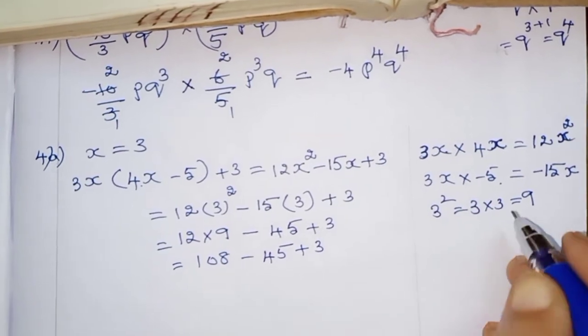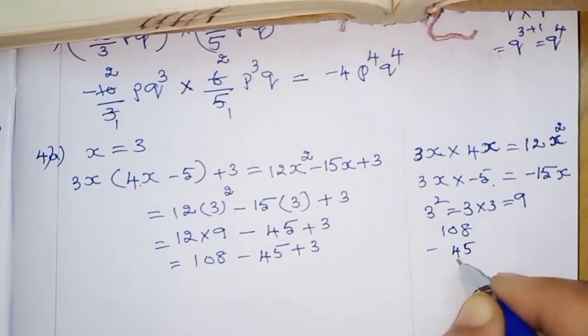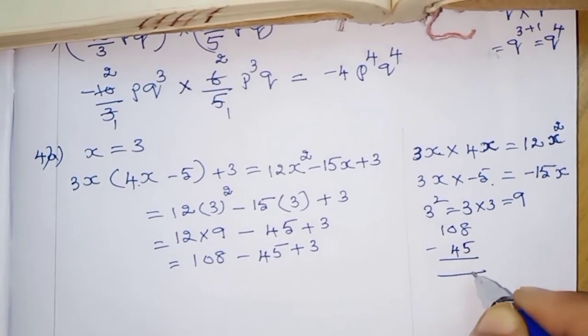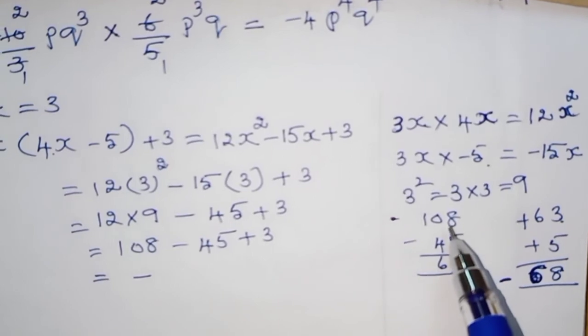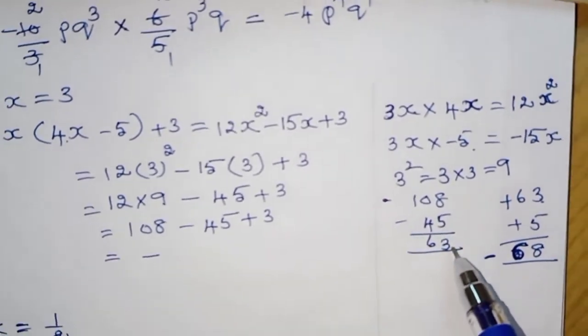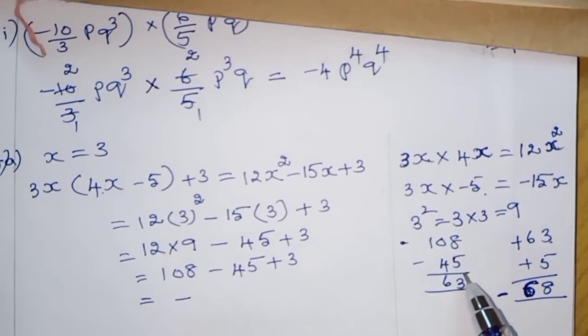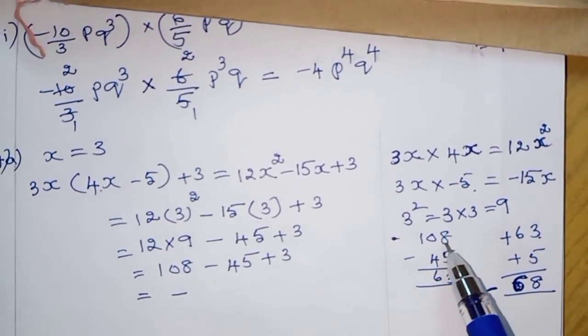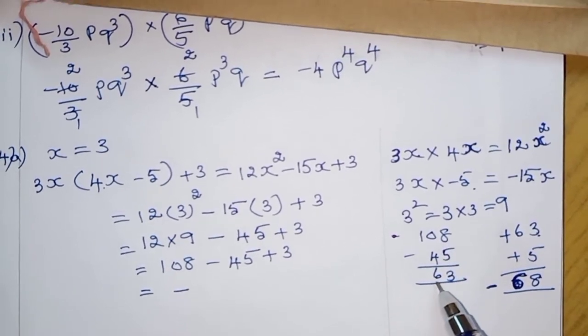Now here we subtract 108 minus 45. 8 minus 5 is 3, 10 minus 4 is 6. 108 minus 45 is 63. Here, one positive, one negative, so subtract and take the sign of the bigger number. 108 is the bigger number, so it is plus 63.